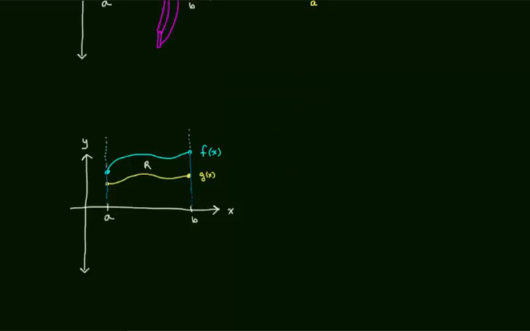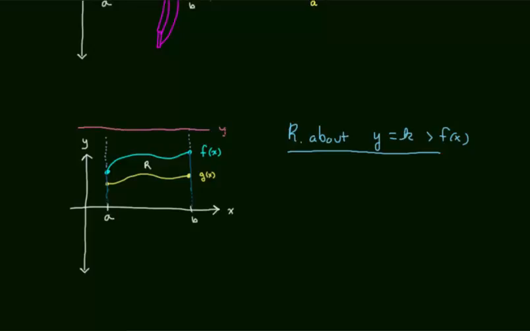In the second diagram, we're going to take the same region R and we're going to rotate or revolve about some horizontal line y equals k, but we'll make k always bigger than f of x. So that axis of revolution will be somewhere like up here, and we're going to revolve around it.